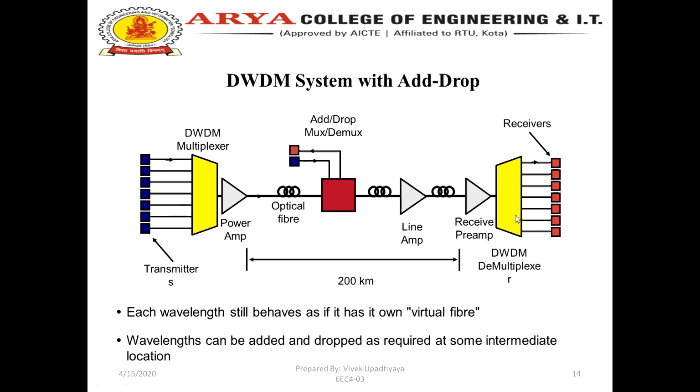After that we again apply the DWDM demultiplexer, and at the receiver end we get the receivers. So here we install the add-drop mux or demux. Here the length is about 200 kilometers. A wavelength can be added and dropped as required at some intermediate location.